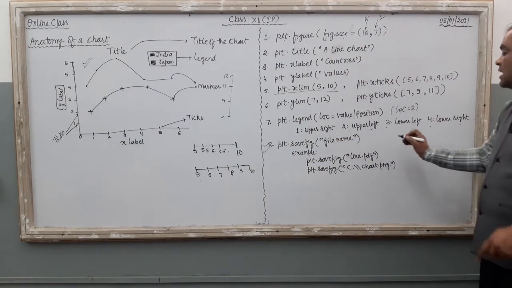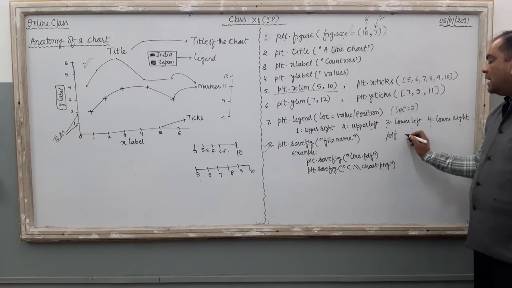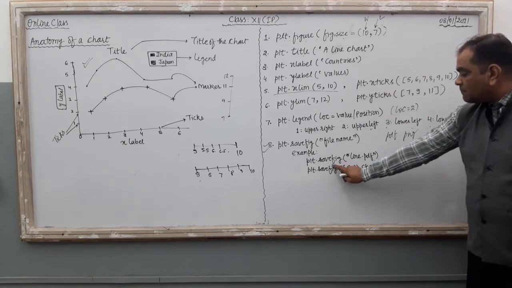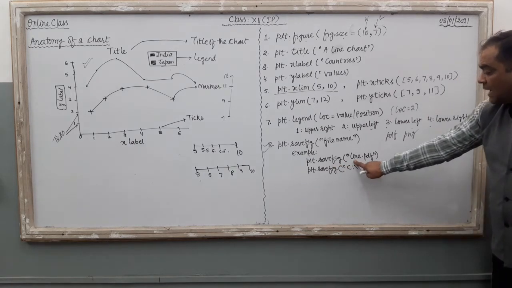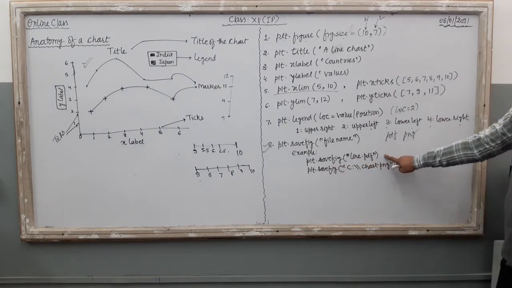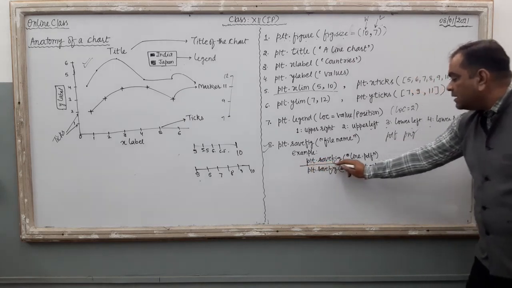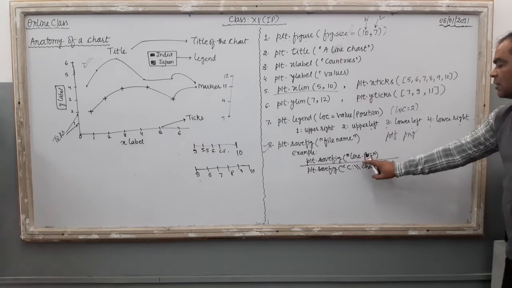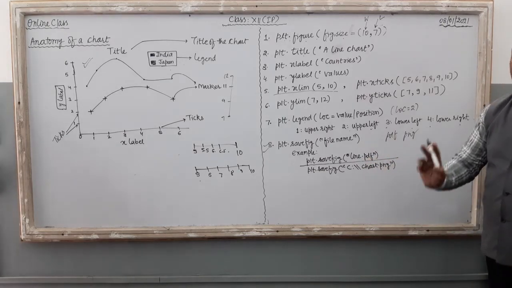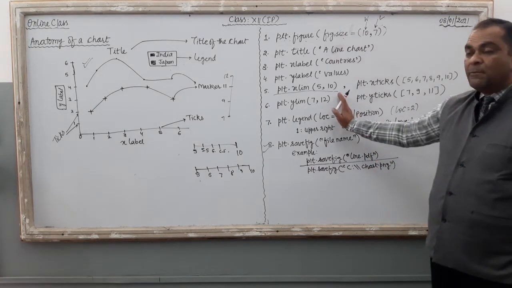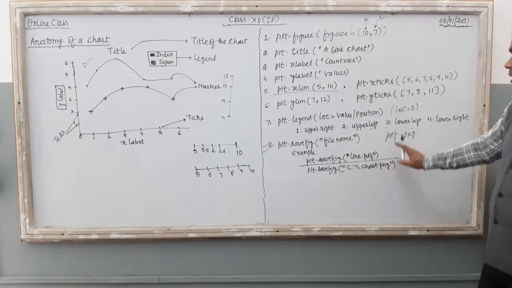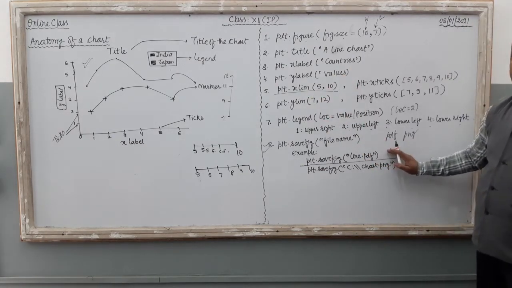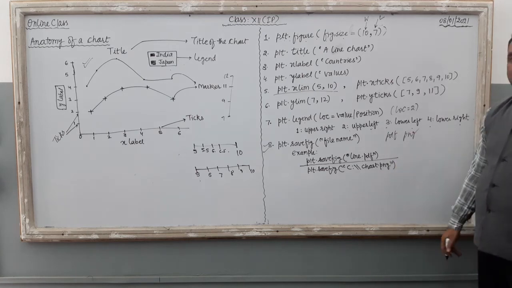You can save your chart in PDF format, or in PNG format also. For that, you just supply the proper file name, like line.pdf. If you write plt.savefig line.pdf, one file is created by Python, and in this file you can see the specific chart. It is available inside the file.